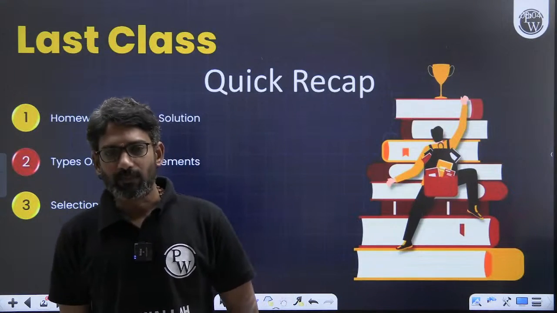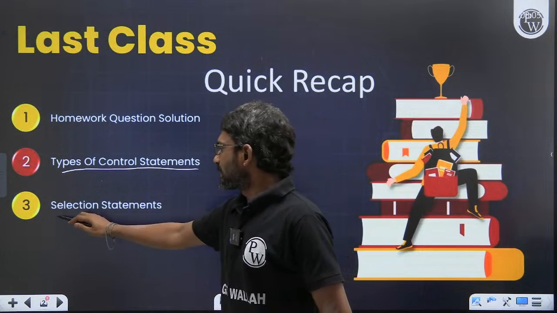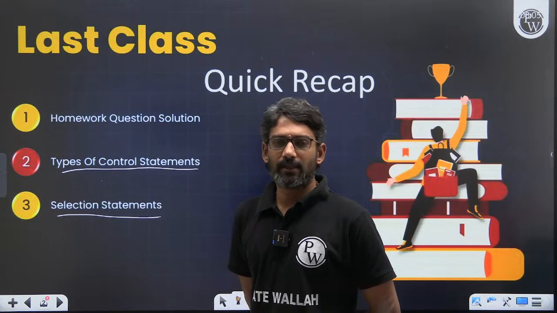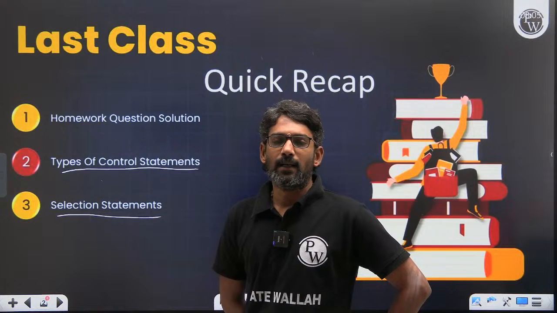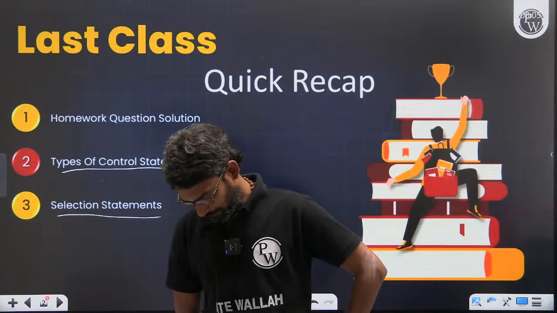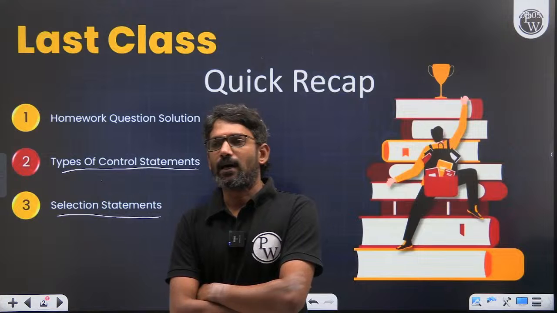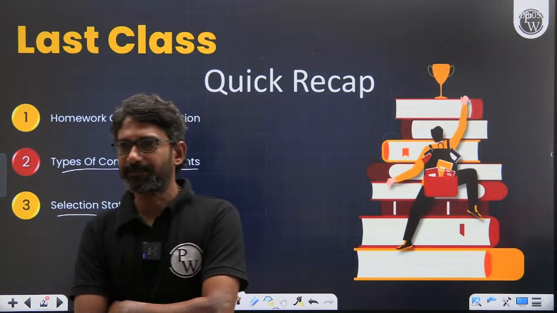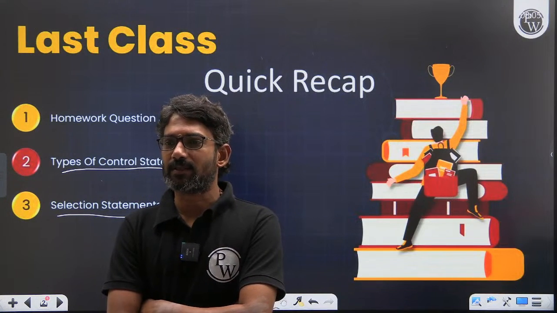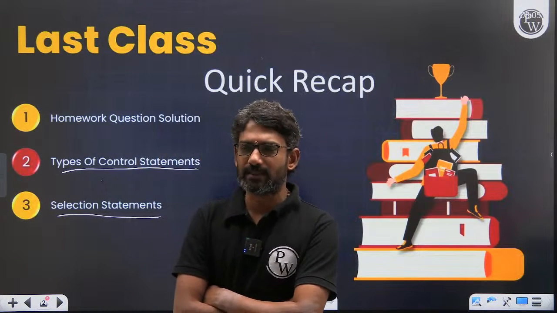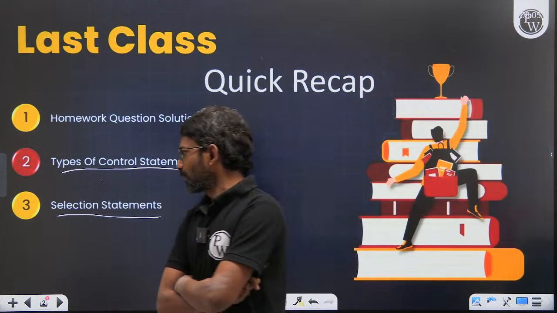In the last class we have discussed types of control statements, selection statements, along with operator precedence and associativity examples, right?